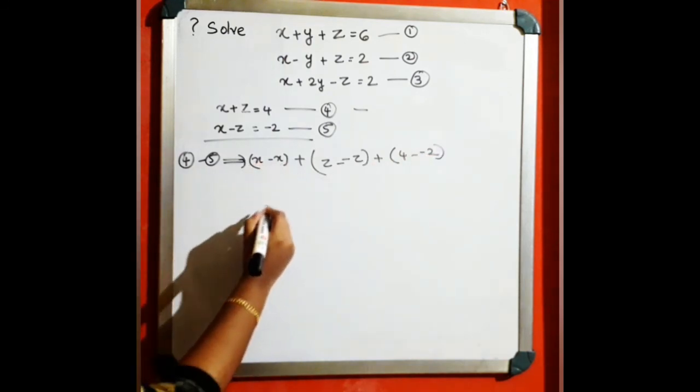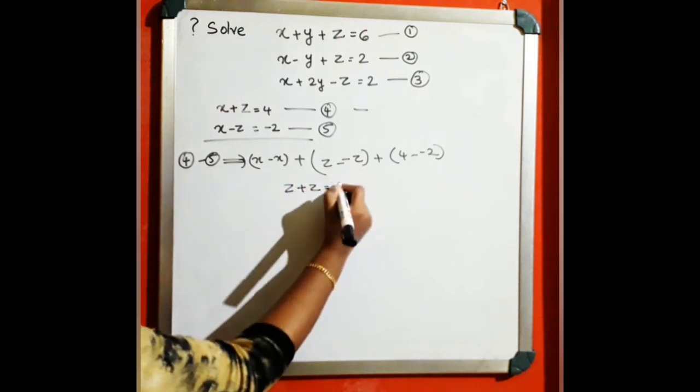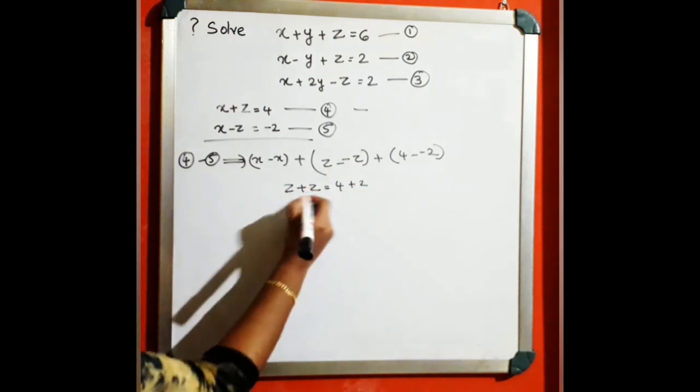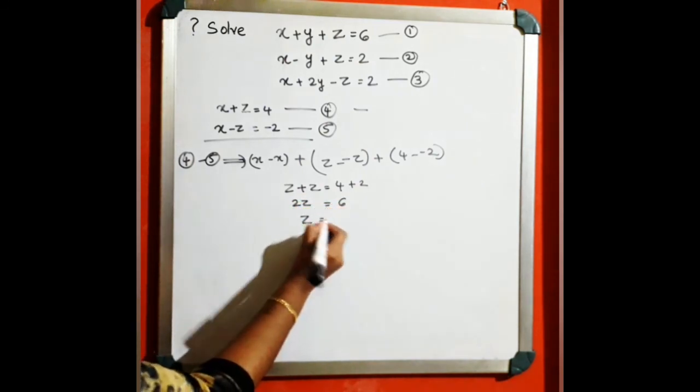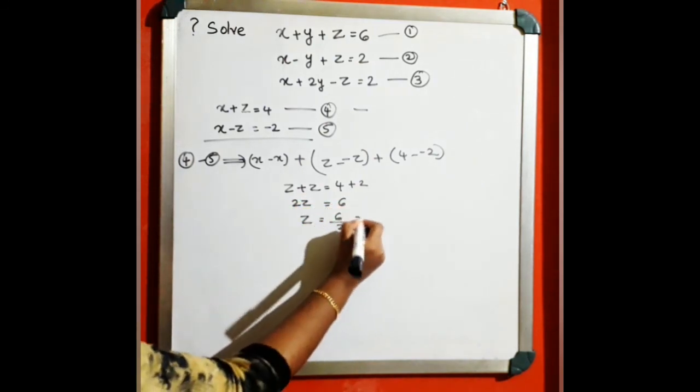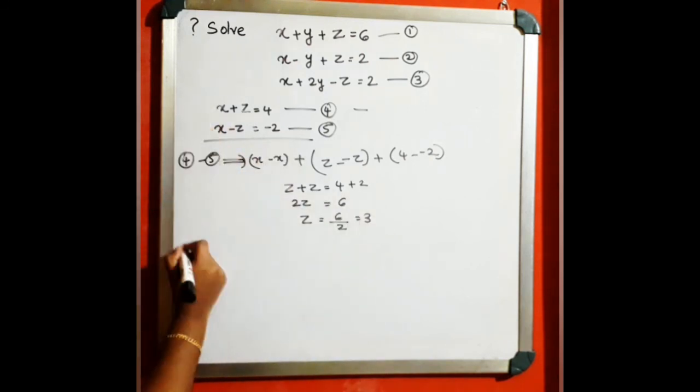So x minus x is 0, z minus minus z is z plus z, 4 minus minus 2 is 4 plus 2, z plus z is 2z, 2z is equal to 6 and z is equal to 6 by 2, that is 3.